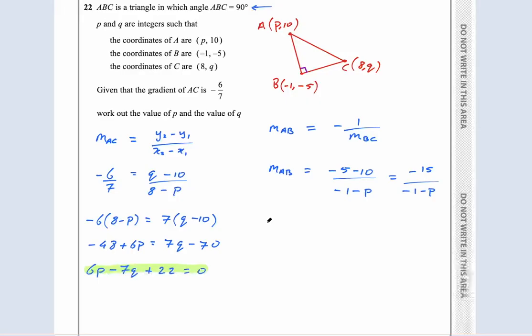Okay, and the gradient of BC is equal to y2 minus y1, so it's q minus negative 5, be careful, over 8 minus negative 1, be careful there too, which is q plus 5 over 8 plus 1, which is 9.